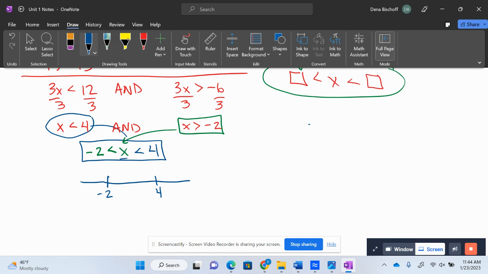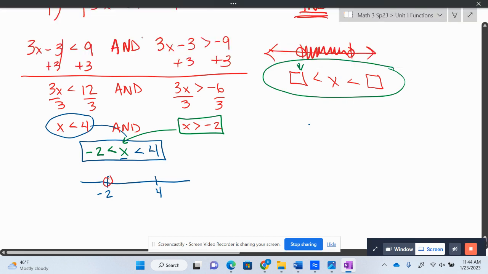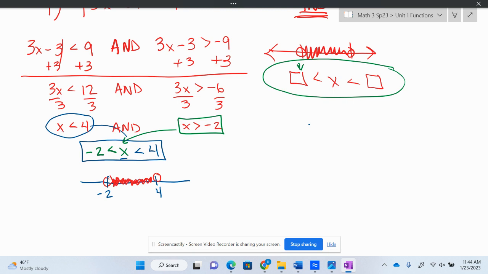Open, yeah, these are both going to have open circles because there's no bar underneath the inequality symbol. And then I just shade in the middle. This just means that x is right in between negative 2 and 4. All of the values in between negative 2 and positive 4, not including negative 2 and positive 4. Are you okay with that? Okay, let's go to number 2.